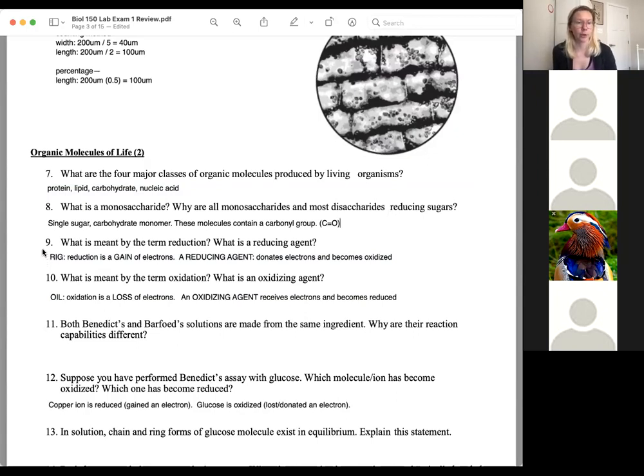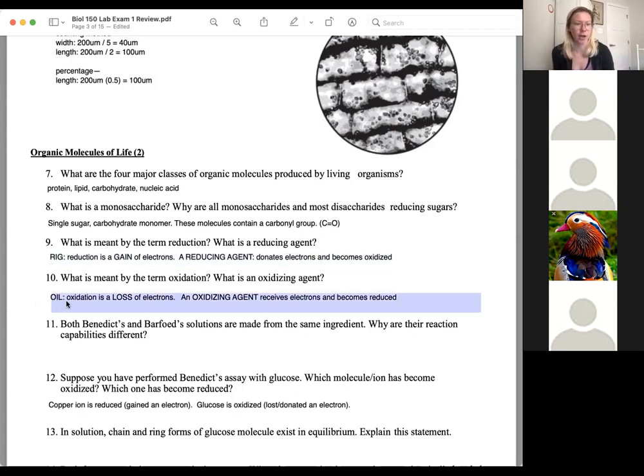So we're looking at what the terms reduction and oxidation mean. One way that I teach my students to remember the difference between oxidation and reduction is a little mnemonic device called OIL RIG.